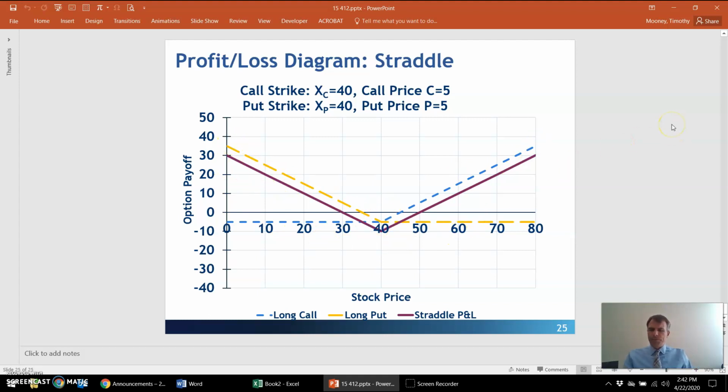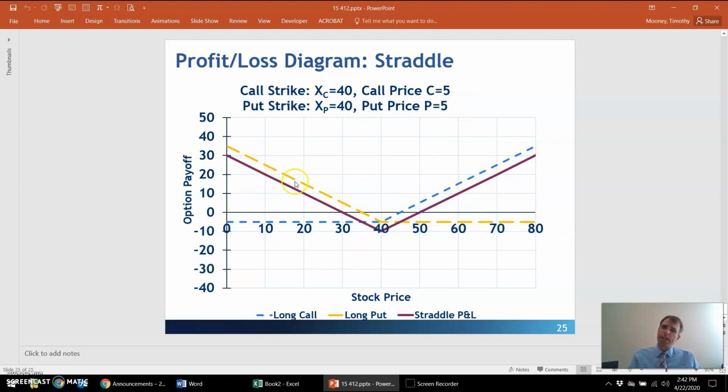And if we look at what kind of investment this is, it's a volatility bet. This straddle is profitable if the stock price goes either up or down by at least $10. So if the stock price goes up above $50, the call becomes in the money, to the point where we make back both the price we paid for the call and the put.